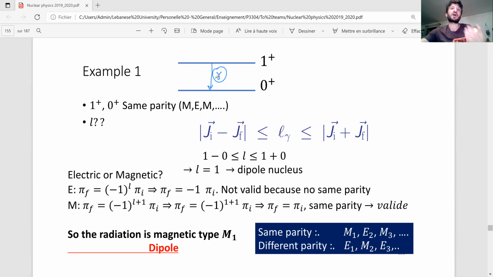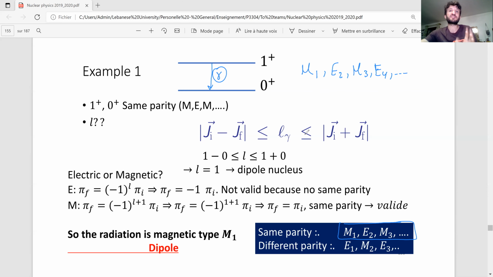First of all, you have to know if we have the same parity or a different parity. If we have the same parity, you can write directly this notation. The solution must be chosen from M1, E2, M3, E4, and so on.